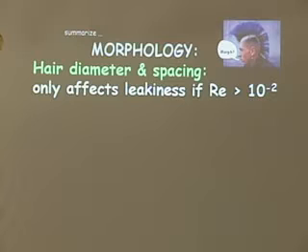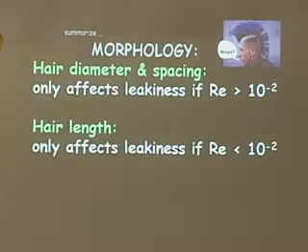Makes no difference at smaller size. But if we look at a different morphological feature, that is how long the hairs are, we find something very different. We find that hair length only affects leakiness at Reynolds numbers lower than 10 to the minus 2. But it doesn't matter at the higher Reynolds number range.